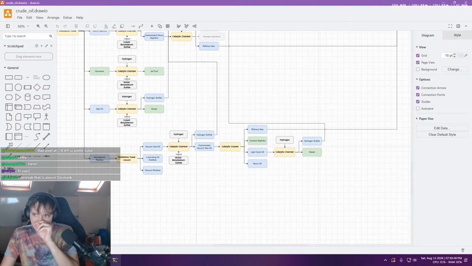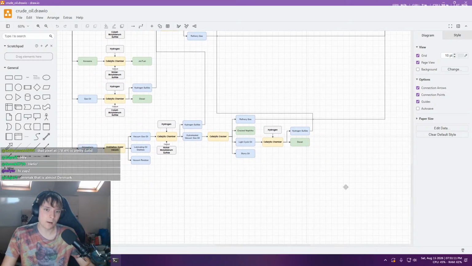Now, the process for making said catalyst is horrendously complicated. But I have tried to simplify it as much as possible, whilst keeping it somewhat realistic.